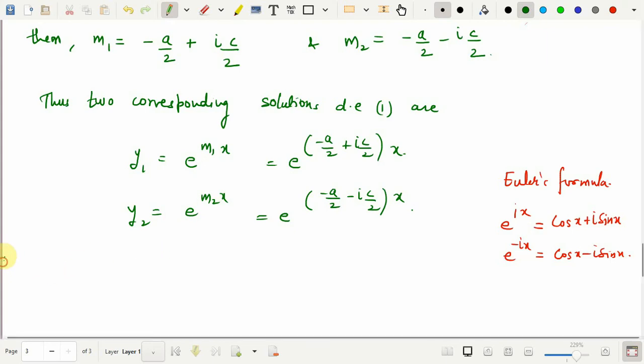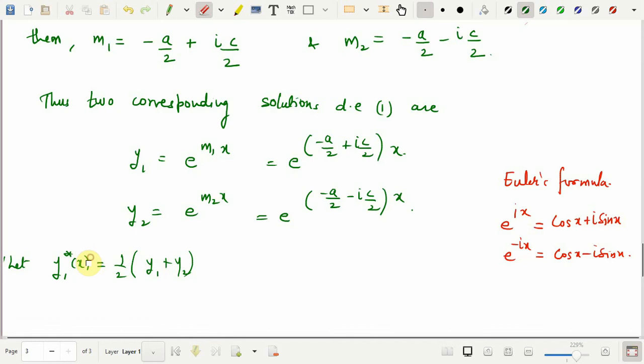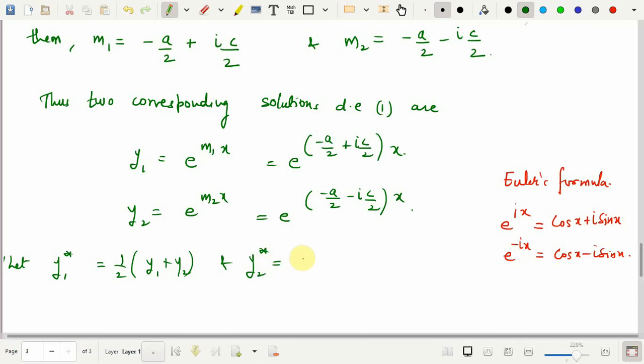So let me take y1 star of x as half into (y1 plus y2), or simply y1 star. It is understood that it is a function of x, and y2 star is equal to 1 by 2i into (y1 minus y2). One thing to note is that y1 star and y2 star are solutions of the given differential equation 1, because they are simply linear combinations of two solutions of differential equation 1.